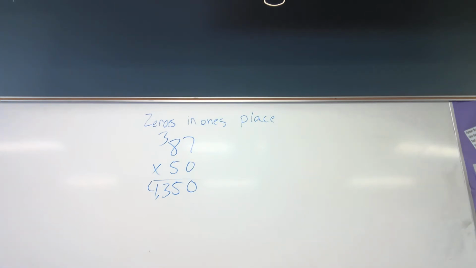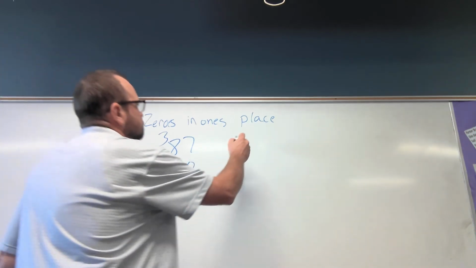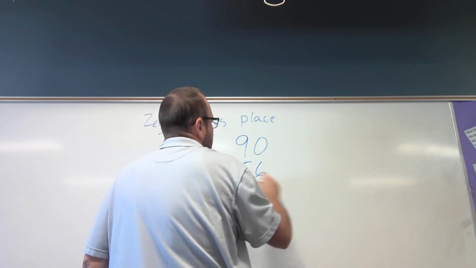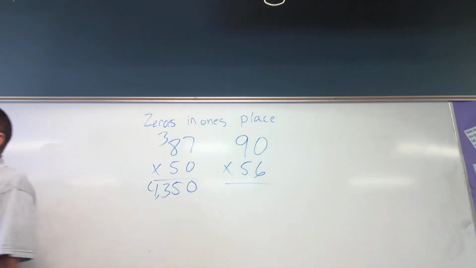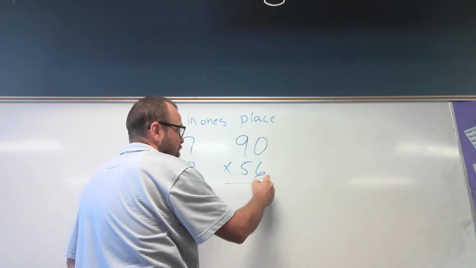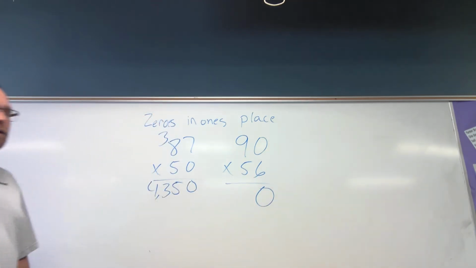If there's a 0 in the ones place, all you have to do is move that 0 down. Doesn't matter if it's in the top factor or the bottom factor. My 0 in the ones place, I just have to move it down. And now all I have to do is multiply by 9.